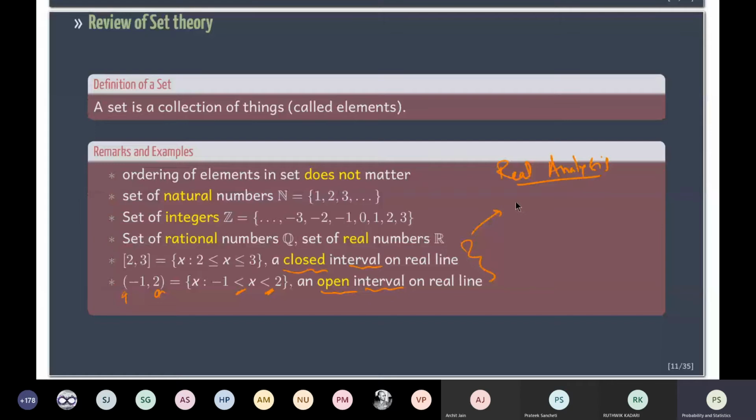You may have seen why an open interval is needed in the definition of, let us say, the differentiability of a function. You will define it around an open set. You can define continuity, and there are consequences depending on which type of sets you are in. There are all kinds of consequences of the space that you are working with.